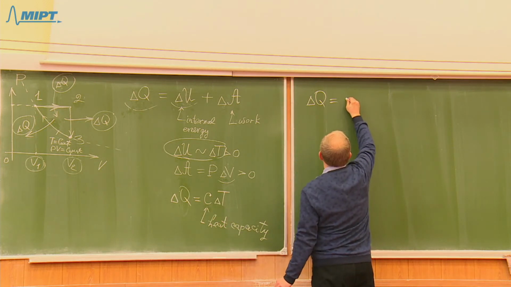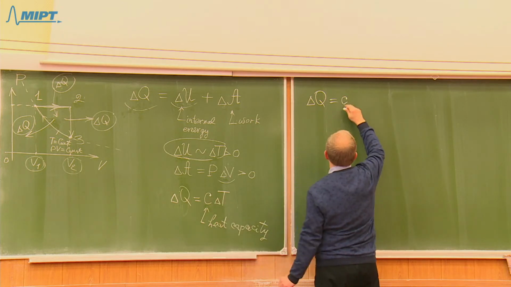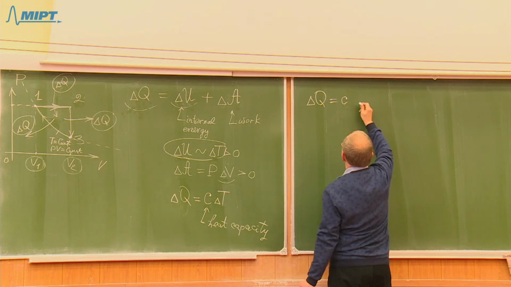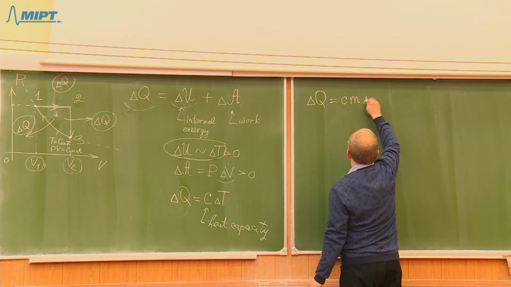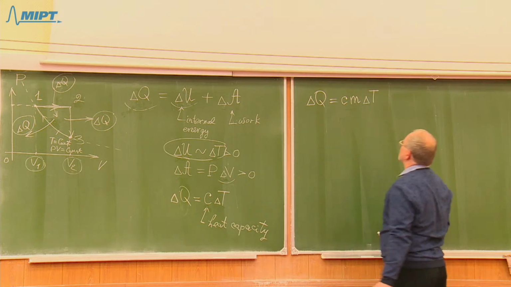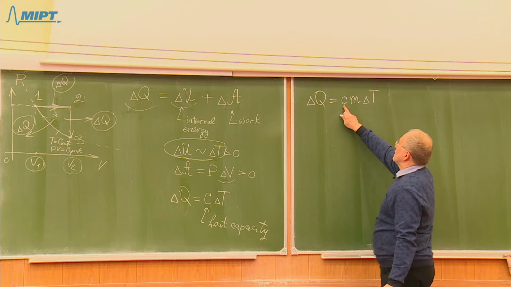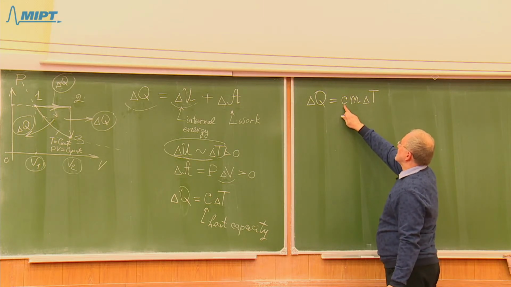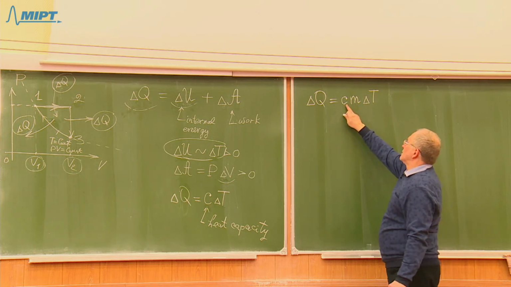And I will denote this different coefficient by small letter c. Here was a capital C, and now I use small c. This is a different coefficient of proportionality. And also the mass of the body, and also the change in its temperature. So this coefficient of proportionality now refers to a unit mass.